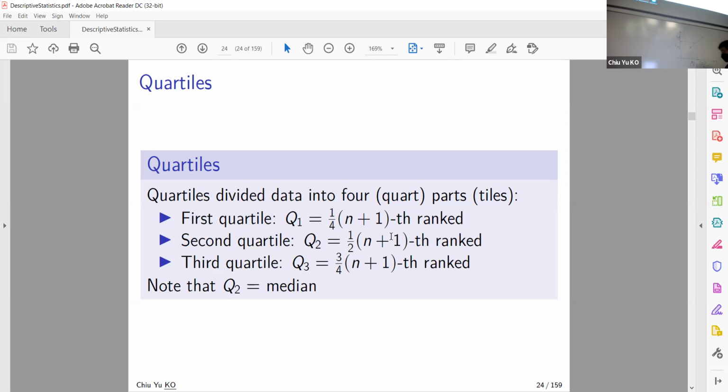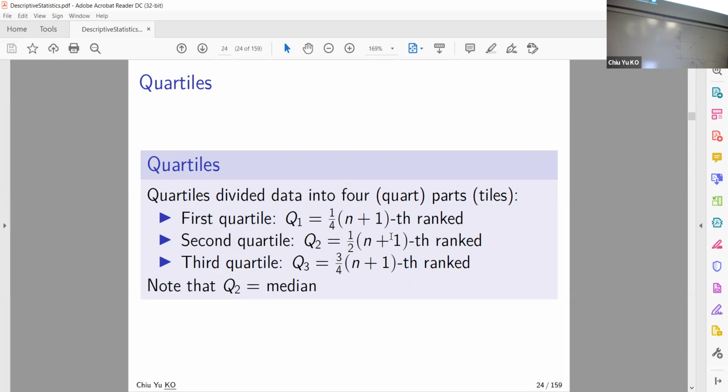Maybe I use less technical notation, don't use the k. So maybe I have data with 6 observations, so n is 6. Then (n+1)/2 will be 3.5. So we look at x3 and x4.